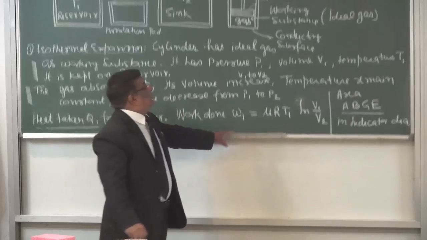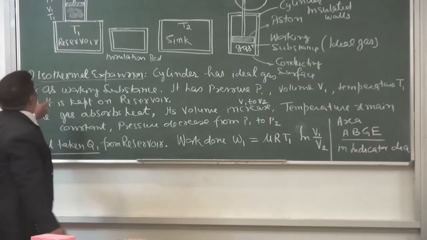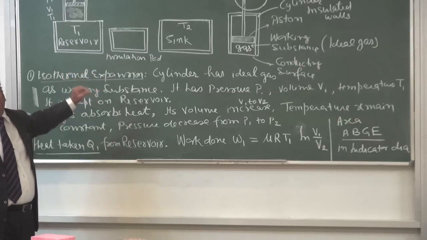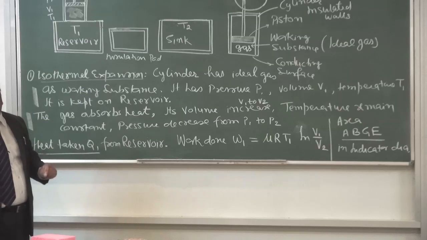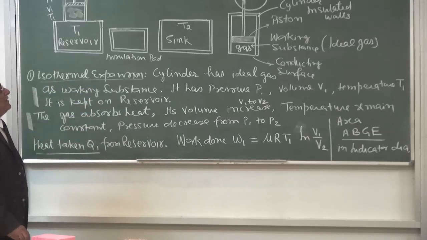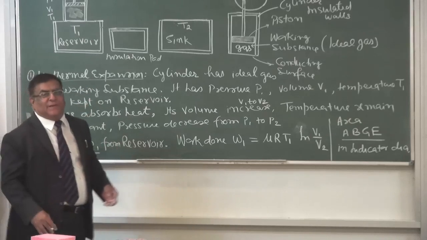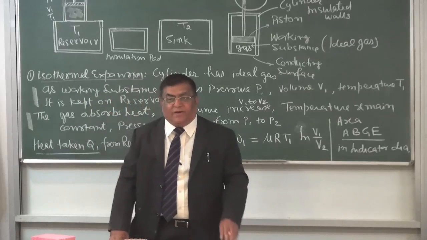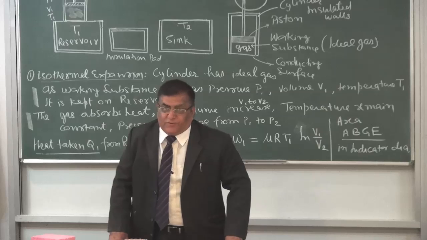Okay. So this is the detail of one step of the process in the Carnot cycle. What is this process? Isothermal expansion. Now, when this isothermal expansion takes place, there are some expansions which are adiabatic also. We have to take care of that also.